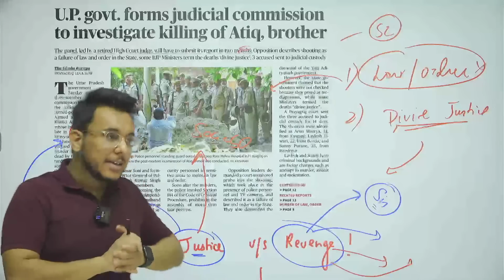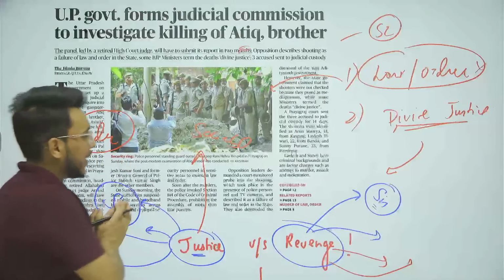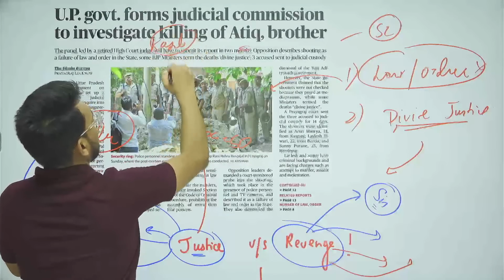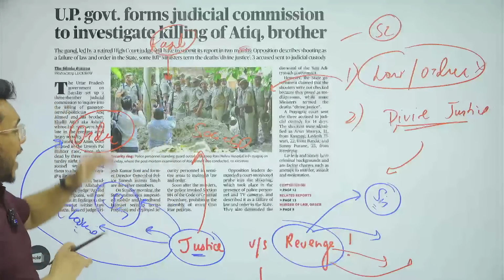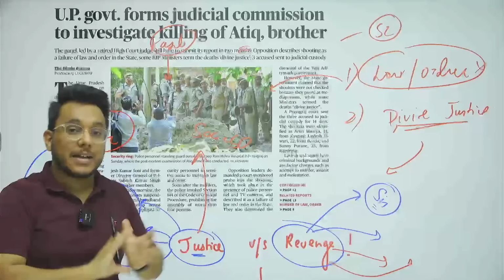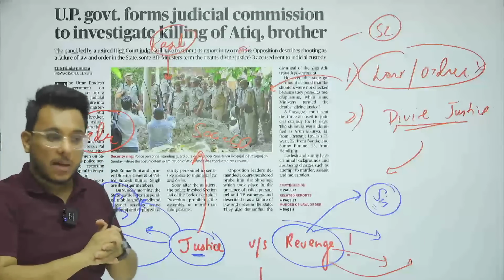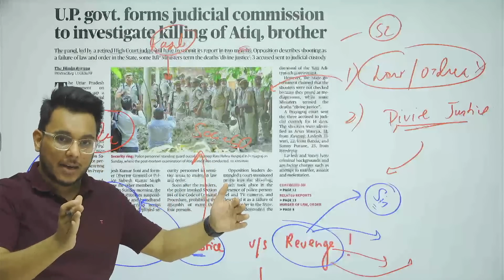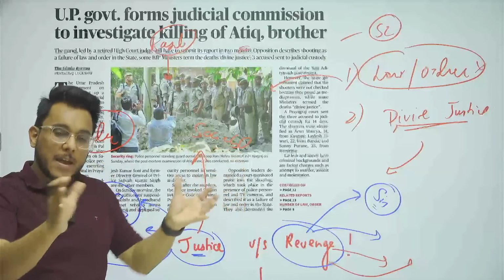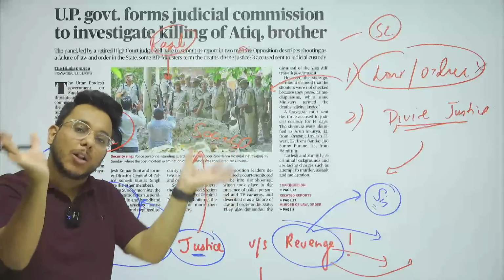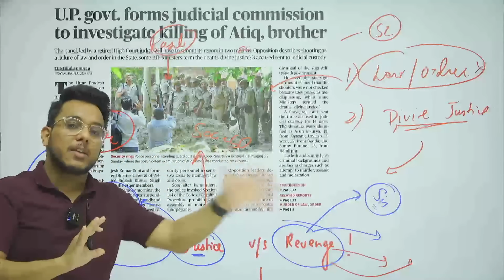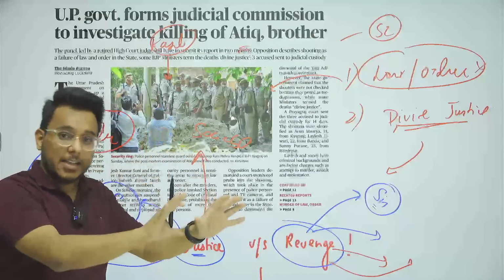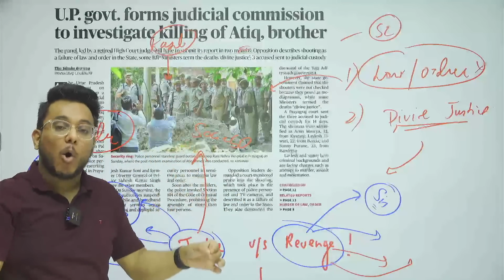Even Ajmal Kasab, the terrorist who came from Pakistan and was responsible for the Mumbai terror attacks, though at the end he was executed, in between he was given a fair trial, access to a lawyer, and all the remedies that are there. That was an example that even a terrorist has been given all the due process.